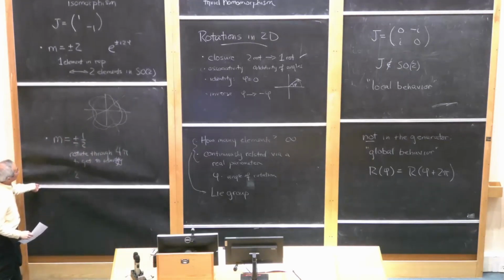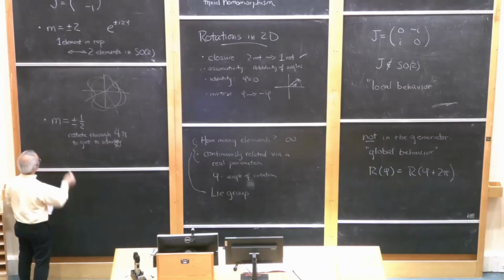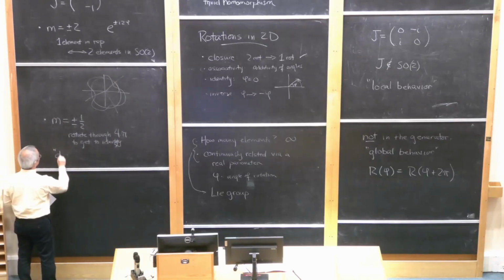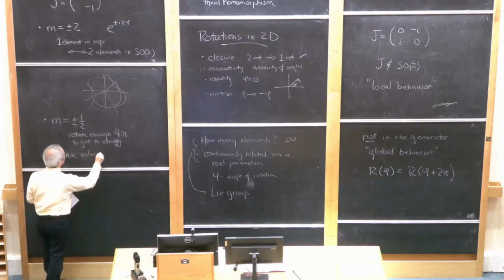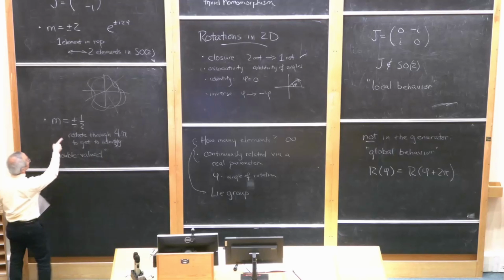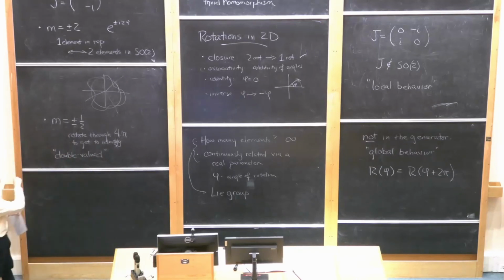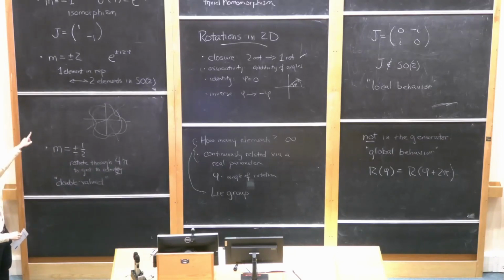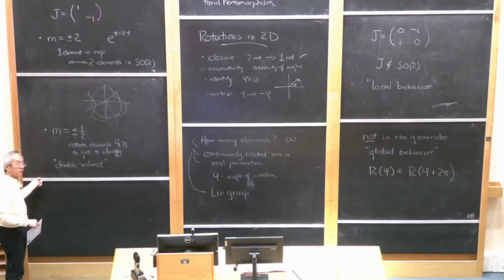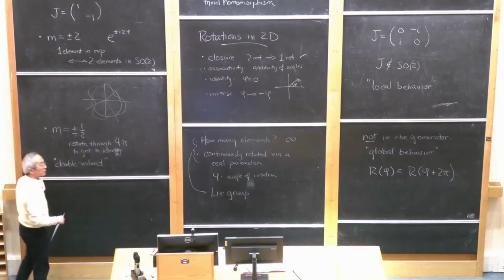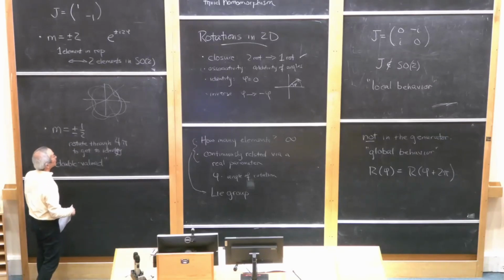So this is sometimes called a double-valued representation, in the sense that now we have 2 elements in the representation corresponding to 1 element in SO2. This is the opposite of the case where you have one element corresponding to 2. Still have the same periodicity, still have the same multiplication rule. It is a perfectly legitimate representation.